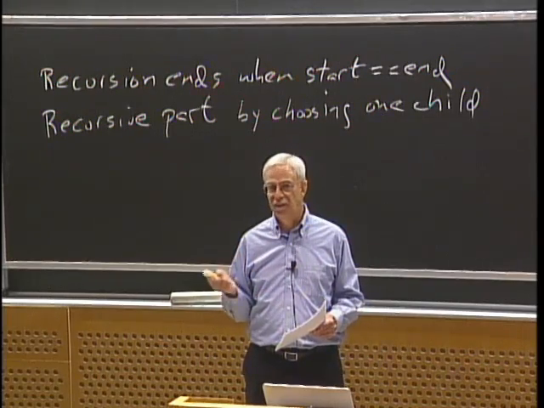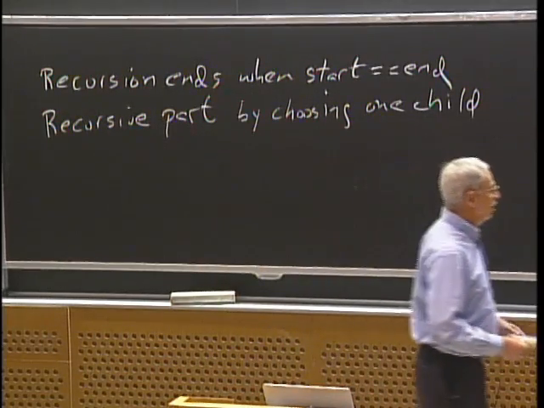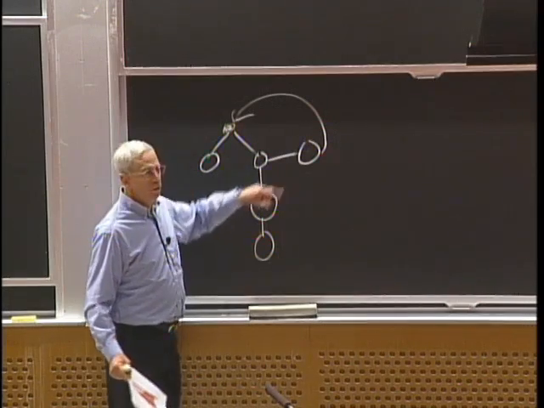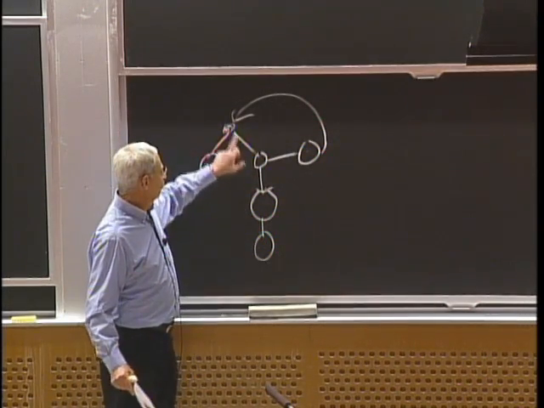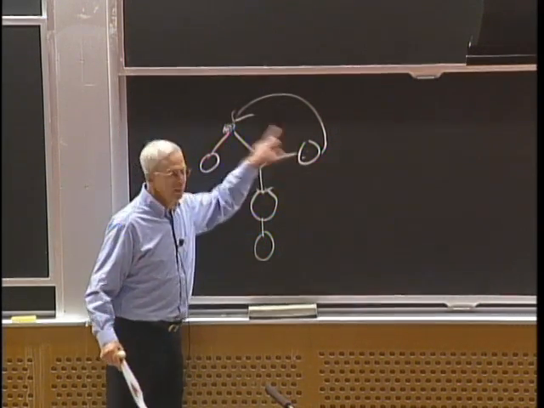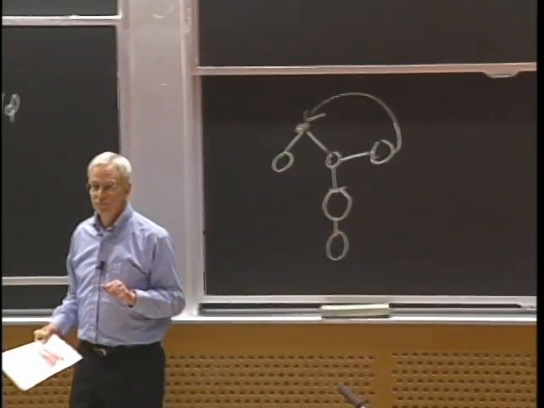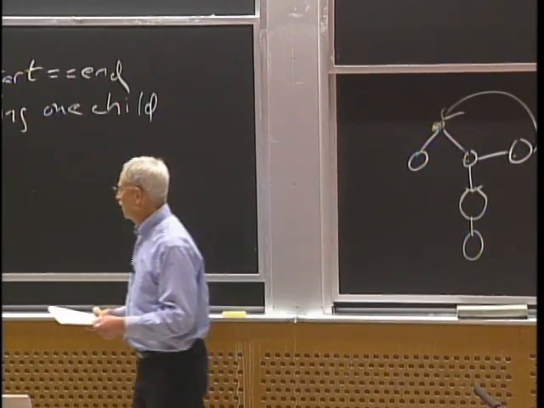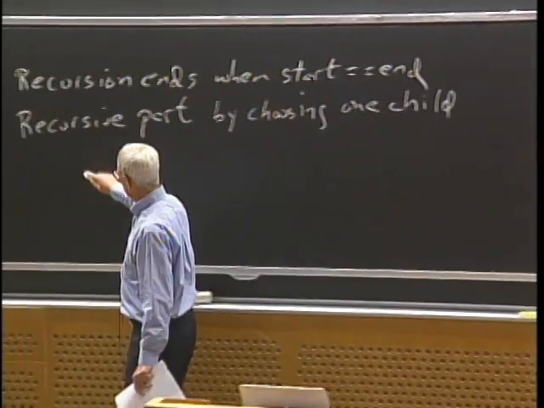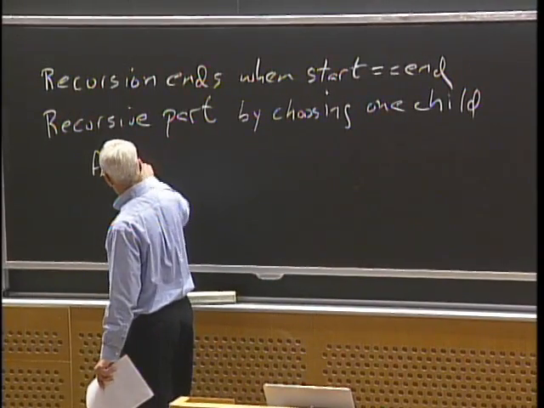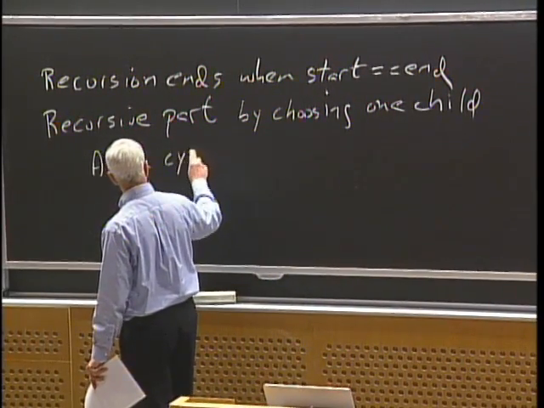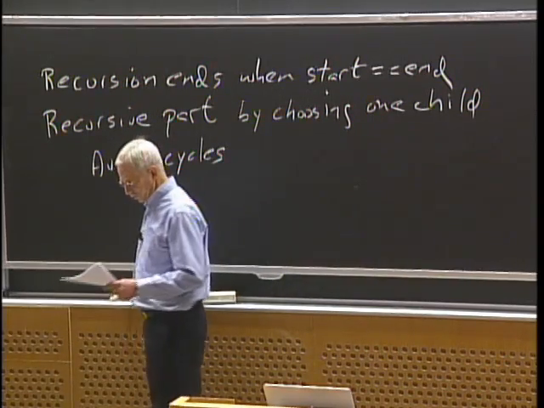And that's what visited is about. Because I want to make sure that when I explore this graph, I don't go from here to here to here to here to here to here ad nauseum, because I'm stuck in what's called a cycle. You have to avoid the cycles.